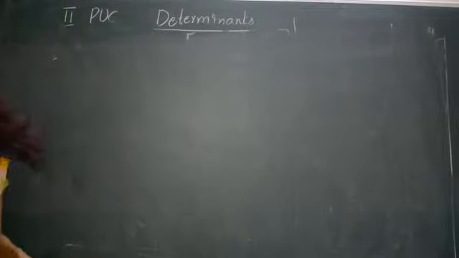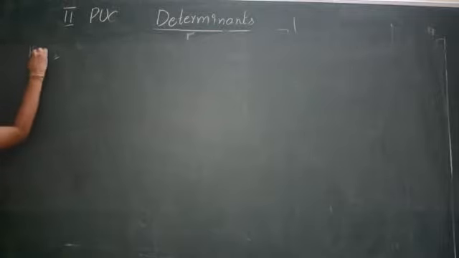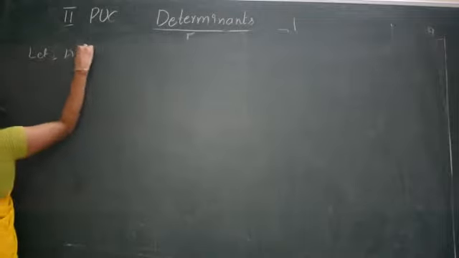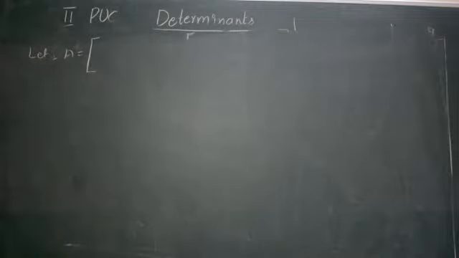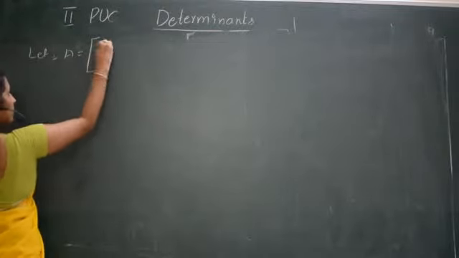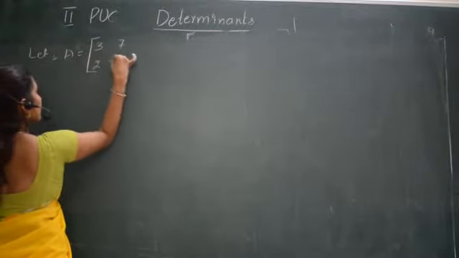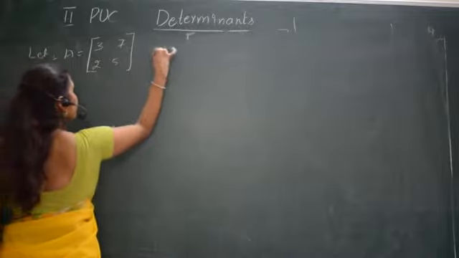Next problem. A and B are given two matrices. You have to verify that (AB) inverse is equal to B inverse A inverse. Let A be the 2 by 2 matrix 3 7 2 5.